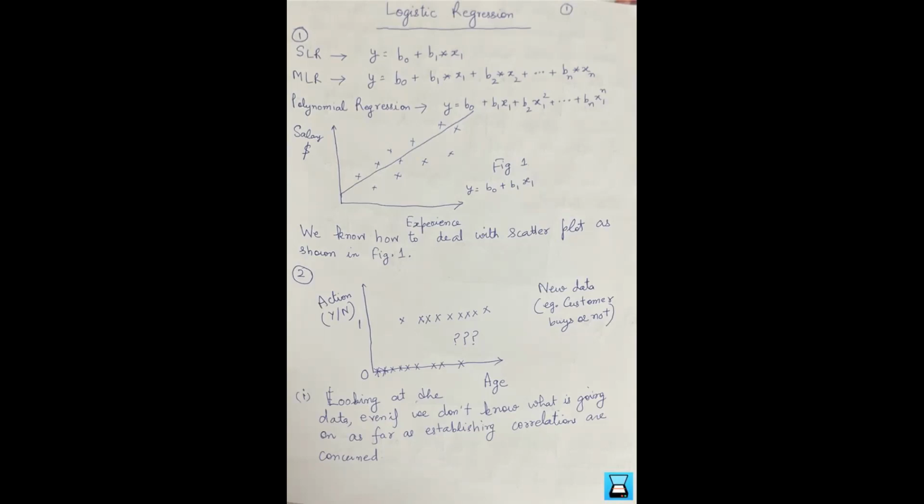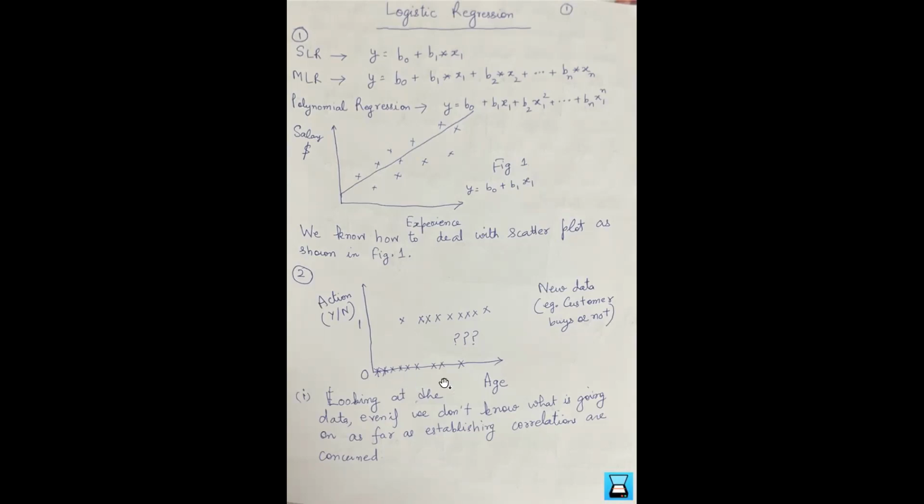If the customer buys the product, it is yes, and if not, it is no. We can call that the action, yes or no, and put it as 1 or 0: 1 if the customer decides to purchase, and 0 if the customer does not.